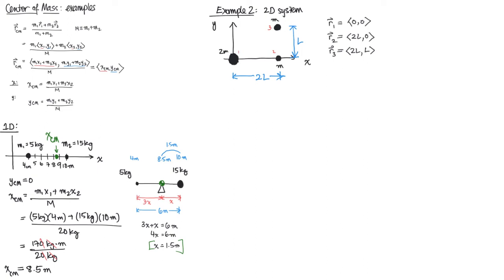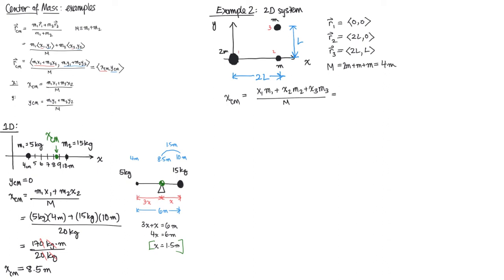Okay, and so now the other thing we should add is also the total mass is 2m plus m plus m, or 4m. So the total mass of the system is 4m. So the x center of mass coordinate is equal to x1 times m1, plus x2 times m2, plus x3 times m3, all divided by the total mass.